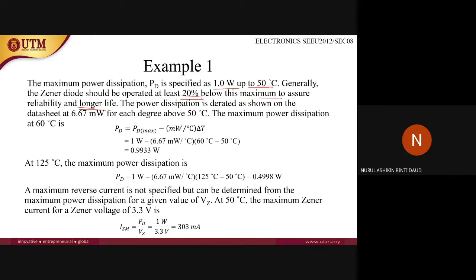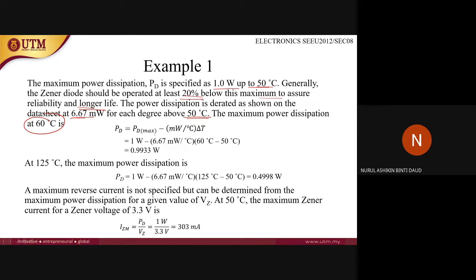The power dissipation is derated, as shown on the data sheet, at 6.67 milliwatt for each degree above 50 degrees Celsius. So you can calculate the maximum power dissipation at 60 degrees. Let's say the Zener diode works at 60 degrees Celsius.